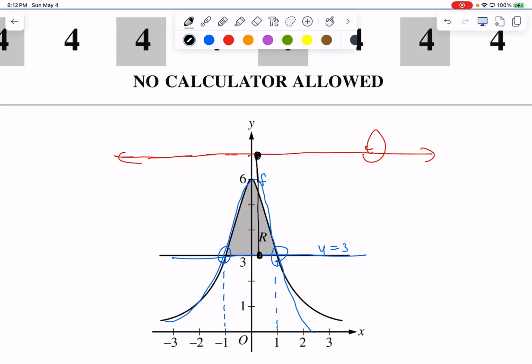So big R of X is going to be the top function, which is what? Don't make it hard. What's the top function? 7. Where are you getting 6? I'm measuring this dot. 7 minus the bottom function. What's the bottom function at? 3. What is the outer radius then?